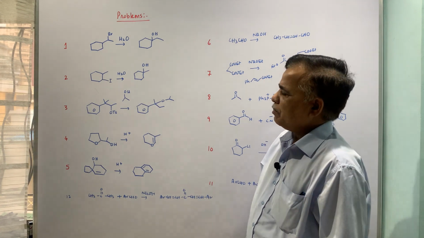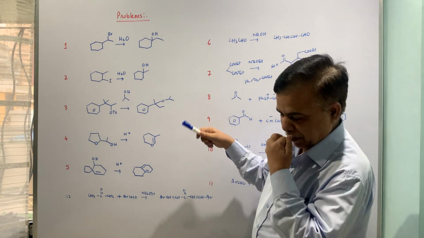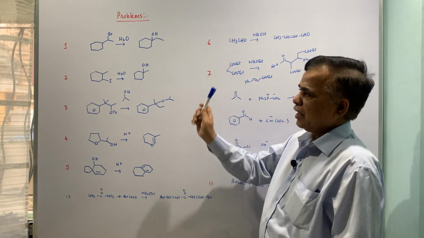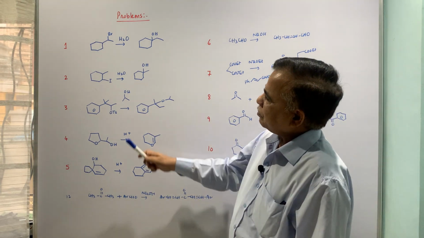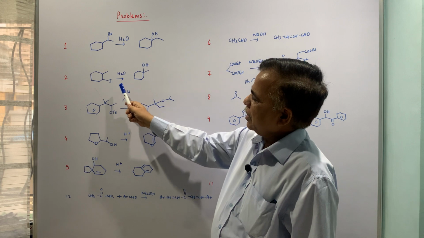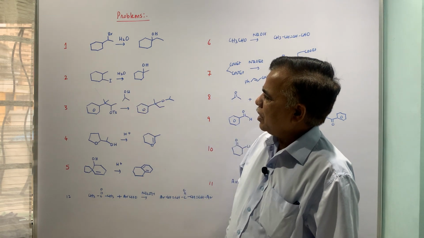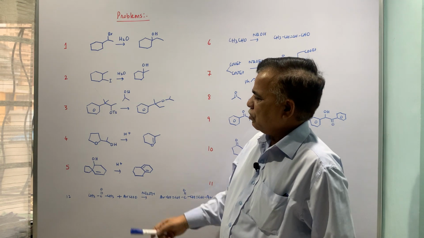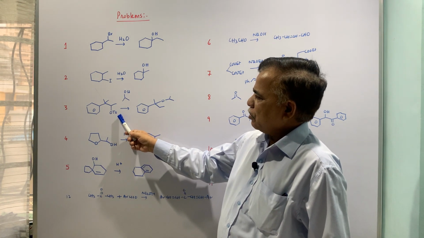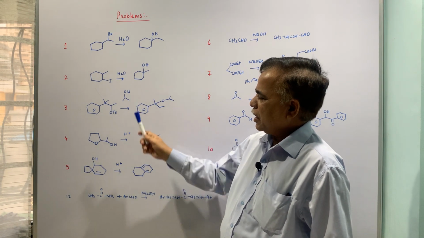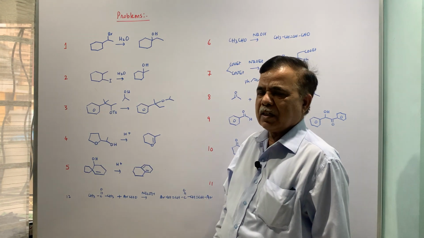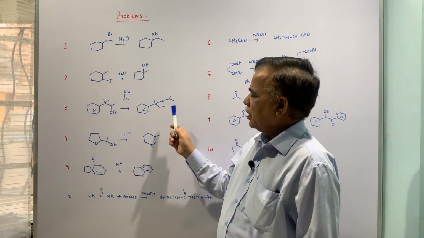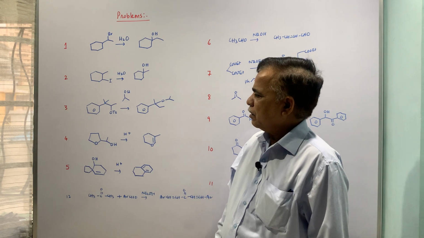We will see the mechanisms once we have a look at all these problems and then the mechanism for each. Then this secondary iodide is again solvolyzed, and you get tertiary alcohol in this case also. Here this tosylate is treated with isopropyl alcohol, so this is again a solvolysis, and you get a rearranged product.